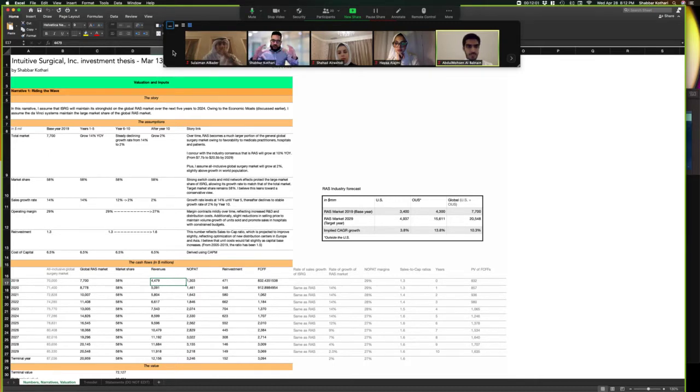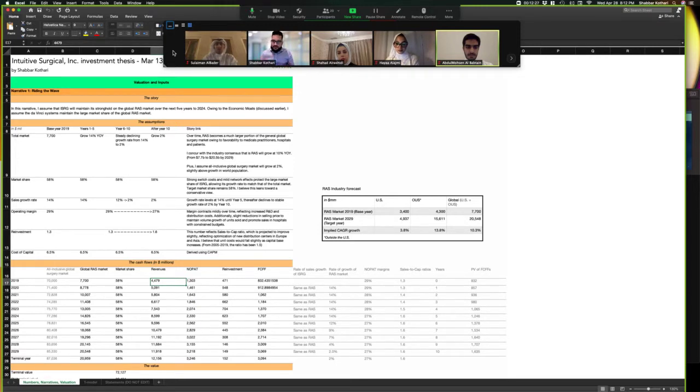Part of the reason ISRG is a good business to talk about is because at its core, the business model is simple. It's a single product. There isn't much complexity in understanding exactly where they operate, what industry they operate in. We understand that fairly well, so we can fairly estimate the size of the market.